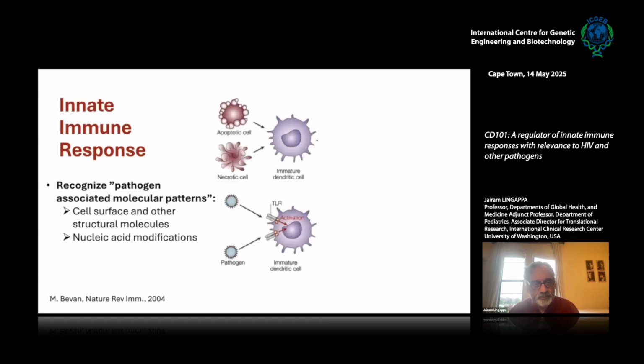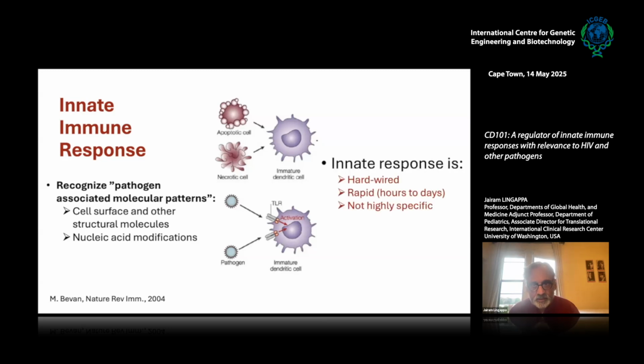Just to back up for a second, the innate immune responses that we're going to look at are associated with cells that recognize pathogen-associated molecular patterns, that is, pathogen molecules that are detected from the cell surface and other structural molecules of pathogens or nucleic acid modifications.